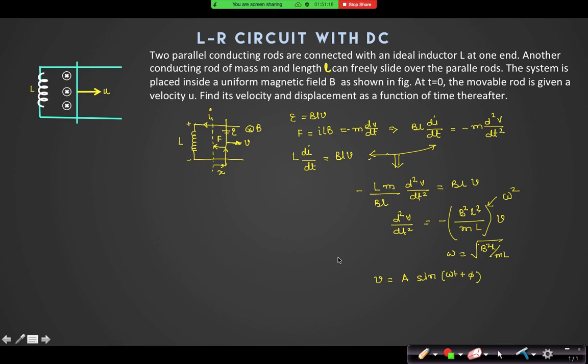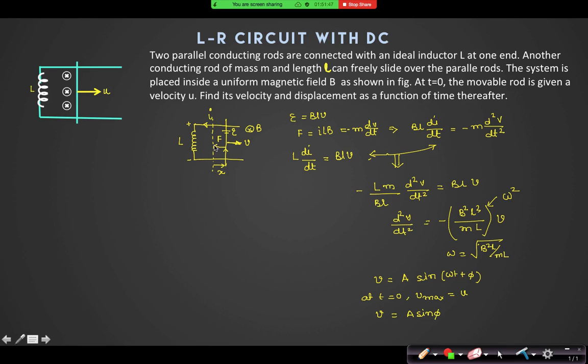Now look, v has its maximum value at t equal to 0, because after that the force will decrease the velocity v. Yes or no? So at t equal to 0, v is max and that is equal to u. So if I put t equal to 0, the function becomes v equal to a sine phi.